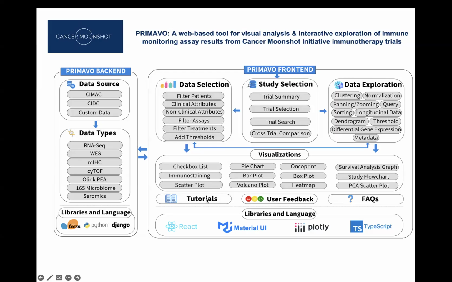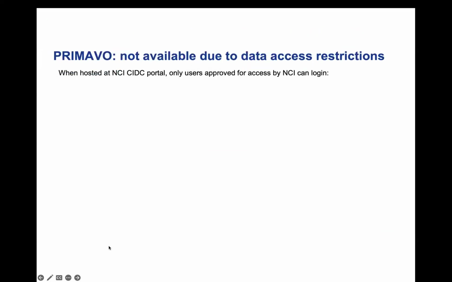And in addition to those, Primavo has tutorials, user feedback, and FAQ sections. And so we wrote Primavo in the React framework, and the backend uses Python, Django. So it is not available due to data access restrictions.